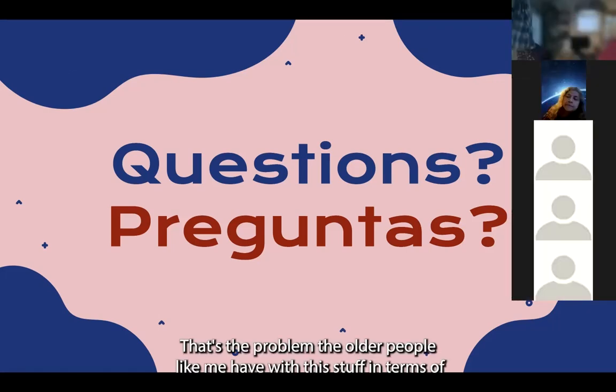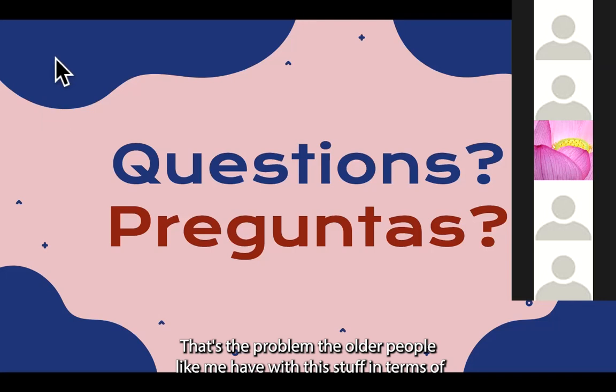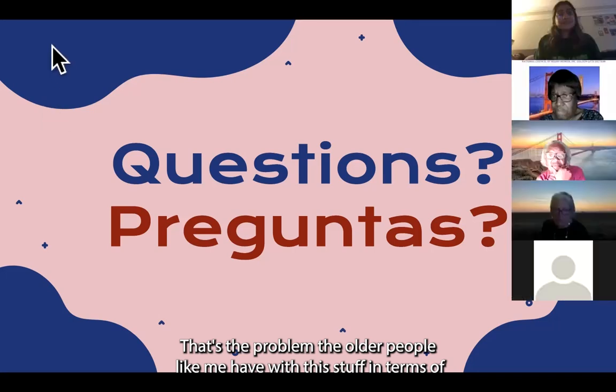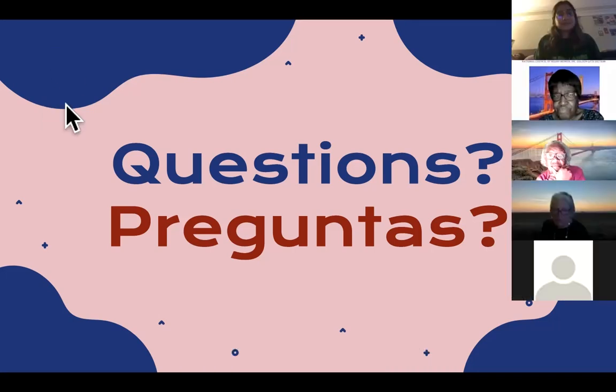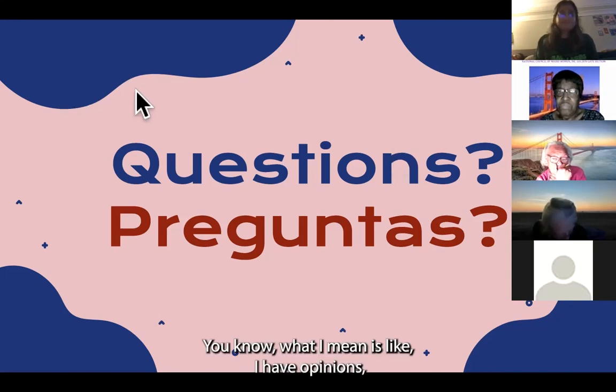Okay, that's the problem that older people like me have with this stuff, in terms of commenting or making your comments known. And then anyone can access it and use it. You know what I mean? It's like, I have opinions.